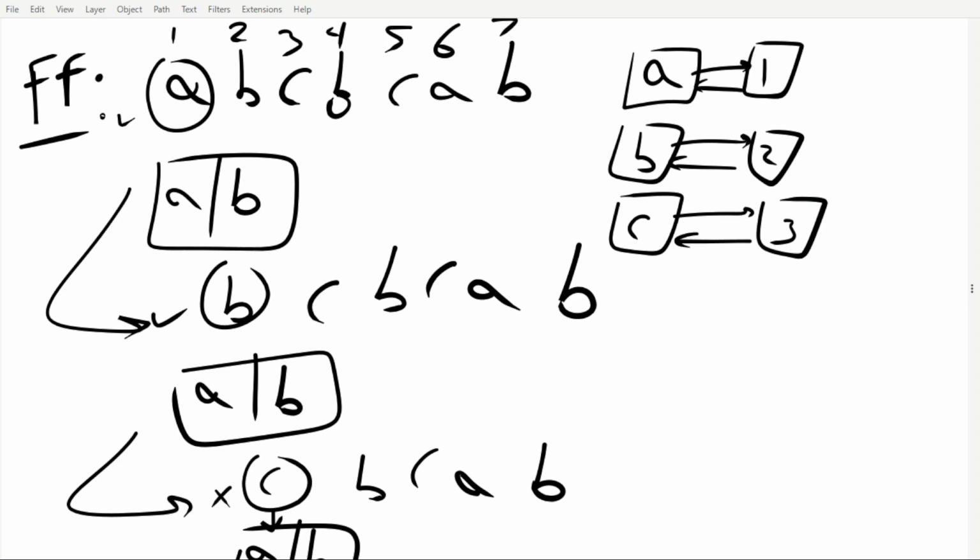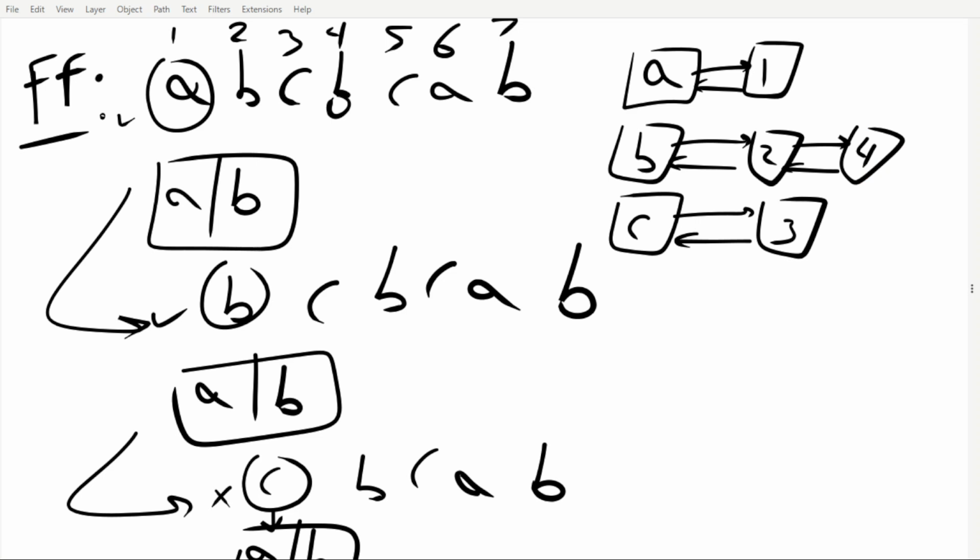Next we have B, its position is 4. So we can keep the pointer at the rightmost node in the doubly linked list so that we can efficiently add the nodes. So the next node to be added is 4.